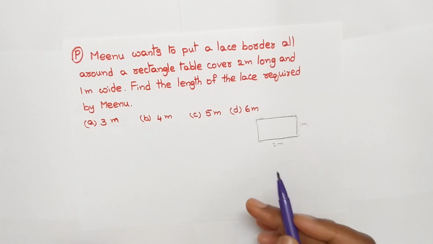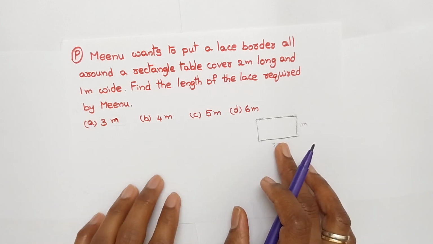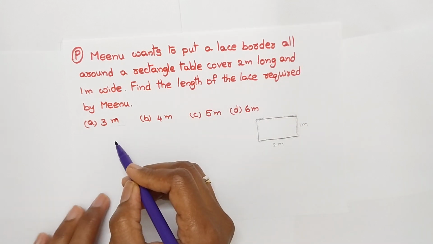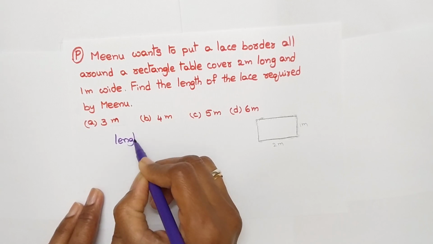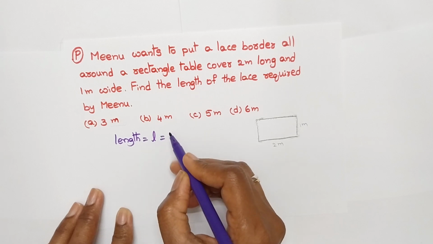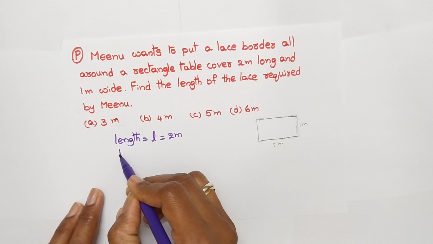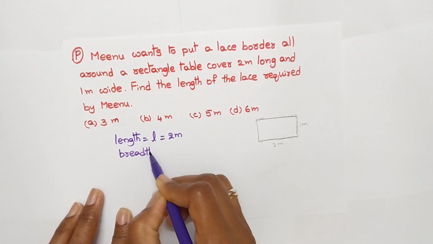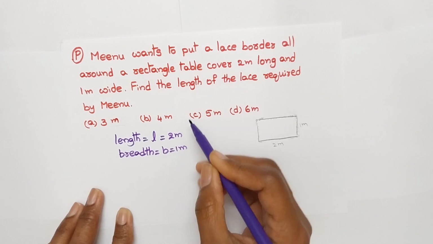So finding the perimeter of this table cover will give the length of the lace. First, we take the length of table cover, L equals 2 meter. Breadth B equals 1 meter.